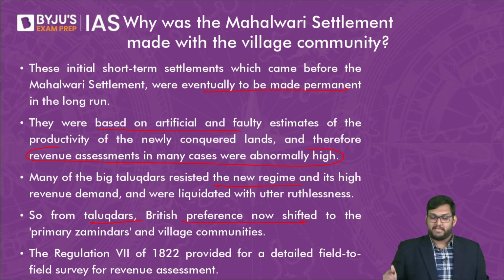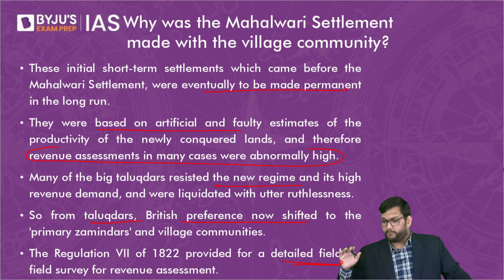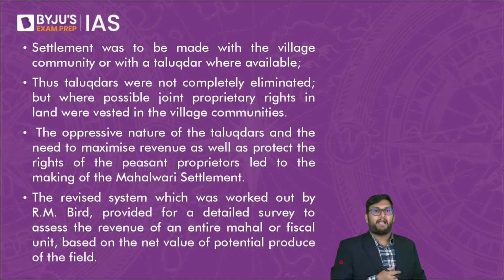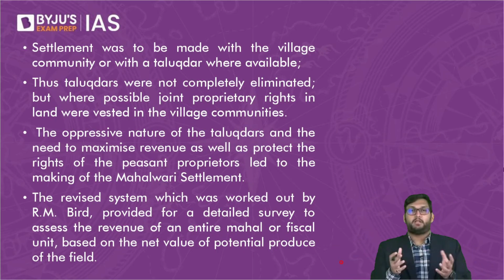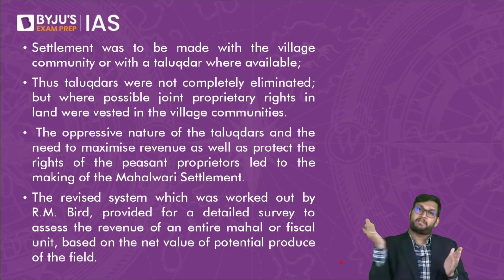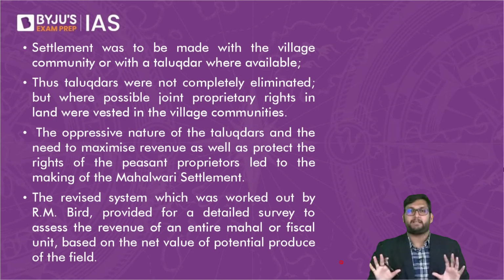Basically, though field-to-field assessment was a part of Mahalwari, it was never applied. So settlement was then made with the village, and if a talukdar is available, the talukdar, the word for one who controls the taluk, more or less acted like the headmen. If they are too aggressive, the British defeat them and remove them. And if they are ready to cooperate, they will be able to collect the tax.